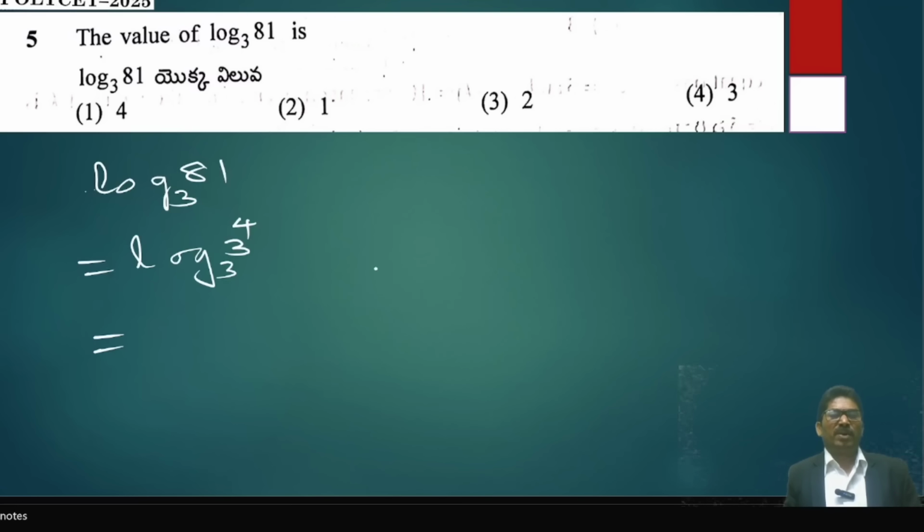This is in the form of log a power m base a, with the same base and value.